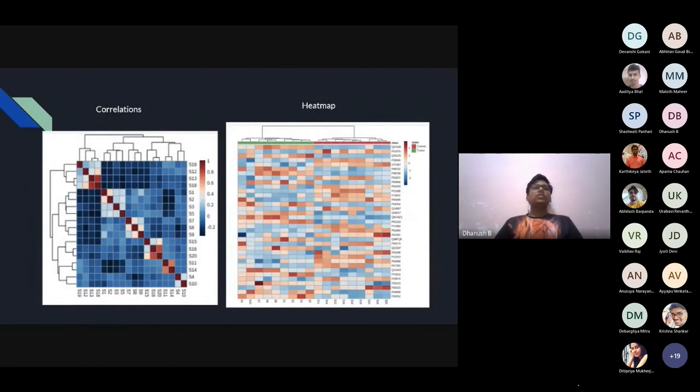The correlation analysis among the samples was done using the Pearson algorithm, which gave a negative correlation between the tumor and control group and showed a slightly positive correlation within the same groups. And the heat map showed the expression of each and every protein in the sample.